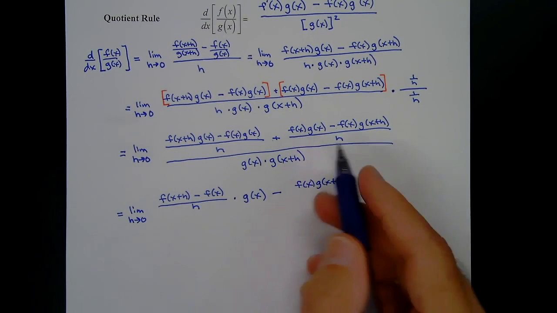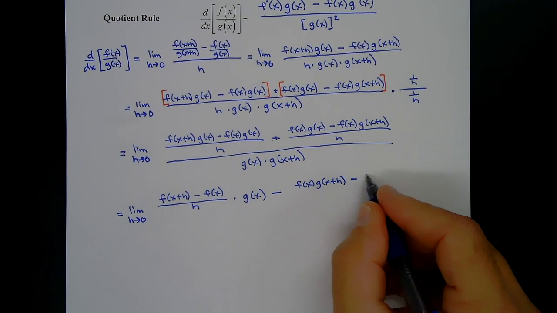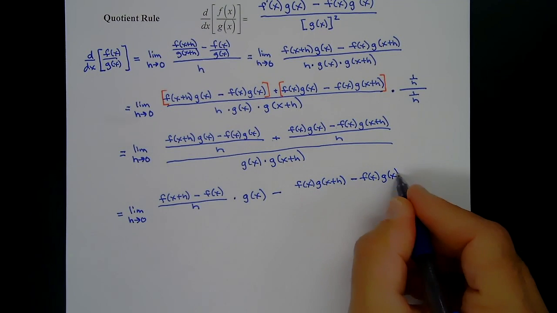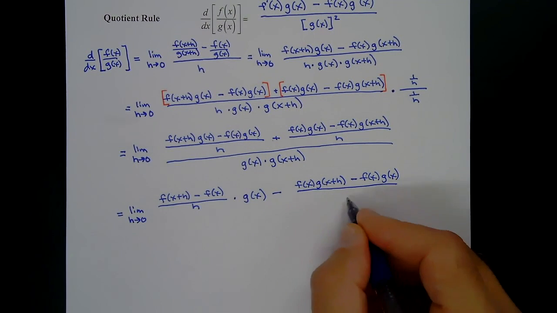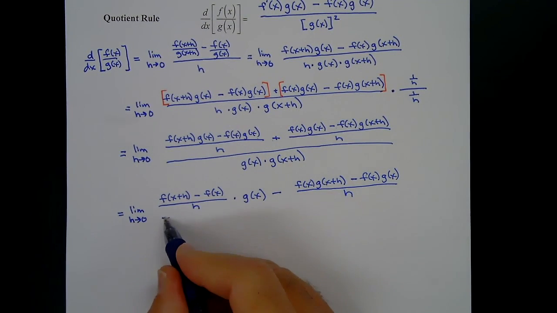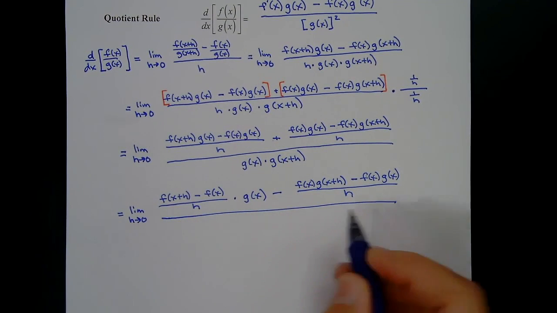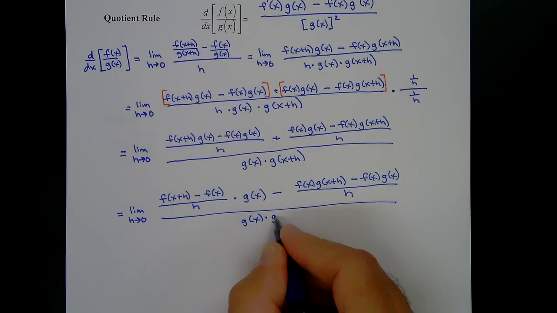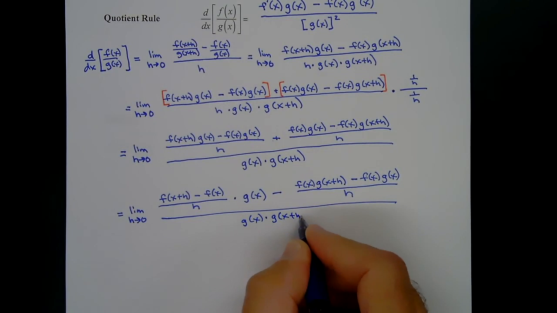And this one that's positive now becomes minus f of x g of x, all over h, all that over g of x times g of x plus h.